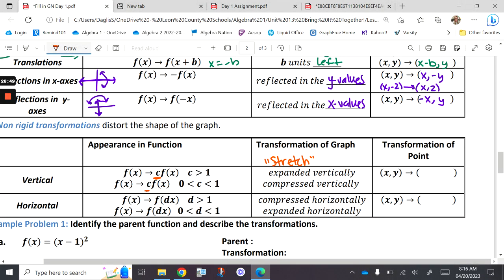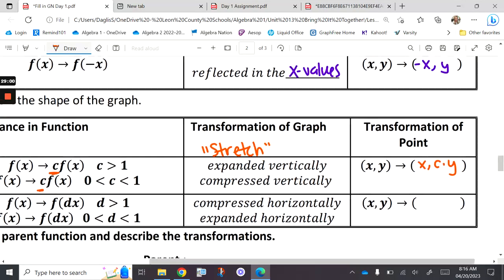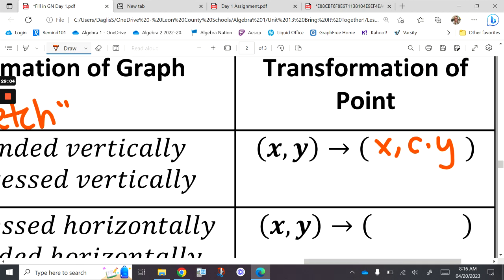So what is going to change? Our y values are going to change. x is going to stay the same. Our y values will get multiplied by whatever that c value is, so that's c times y. If we're compressing or stretching my y's, we multiply them by that c value.